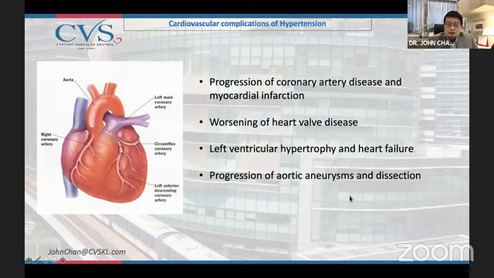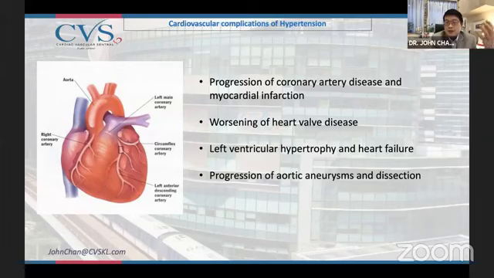But today, I'd like to focus more on the progression of aortic aneurysms and dissection, because this is something which is very serious and which we don't often think about. The presence of a small aneurysm can be controlled with good blood pressure control, but if the blood pressure is not well controlled in the presence of small aneurysms, then they can lead to a progression of the aneurysms.